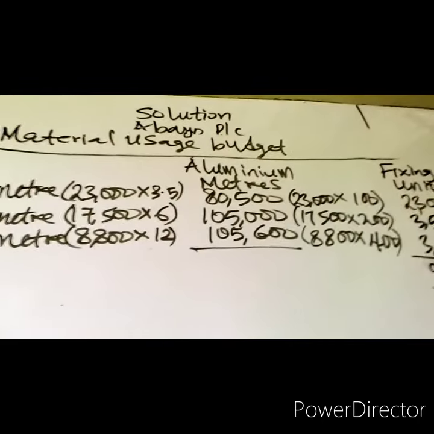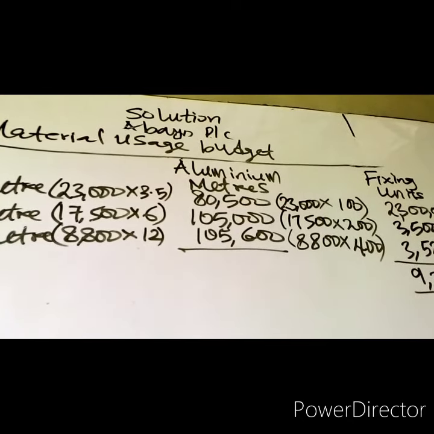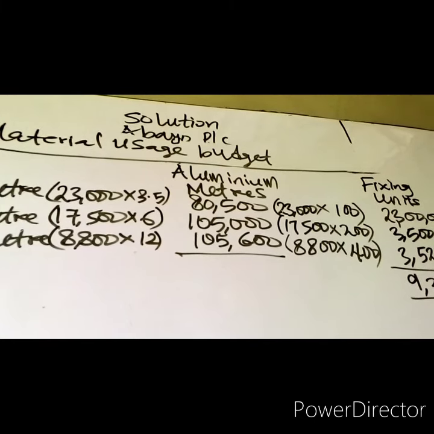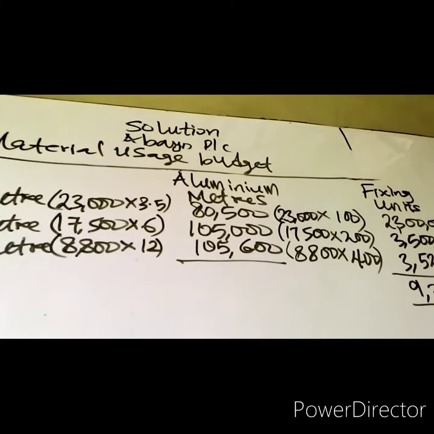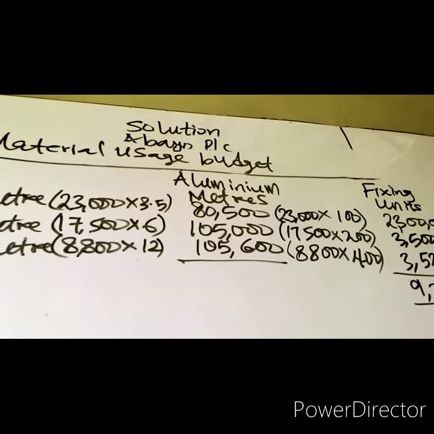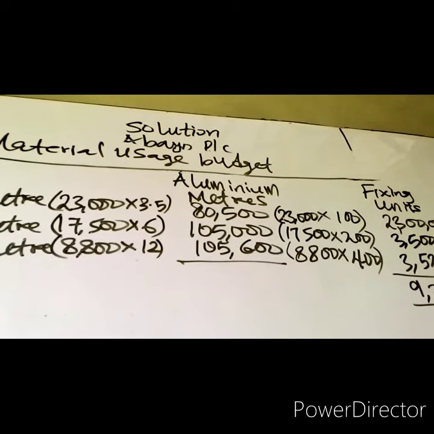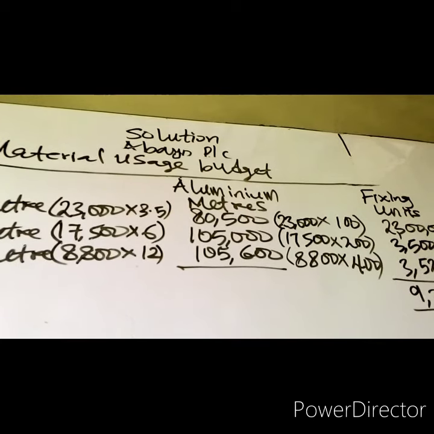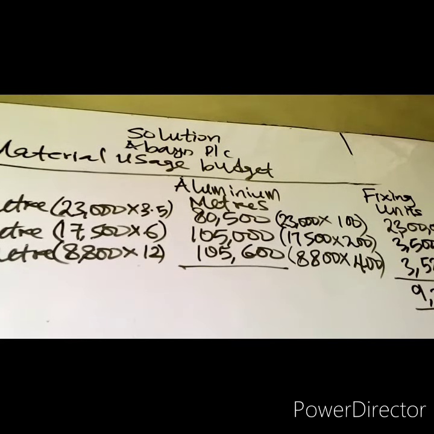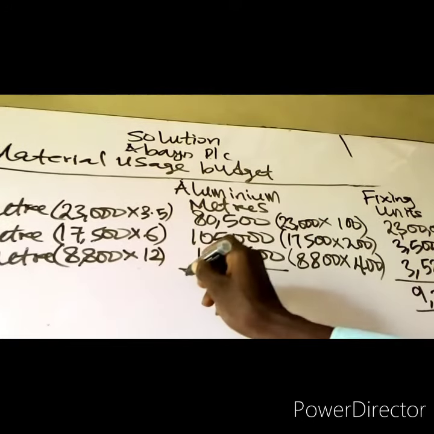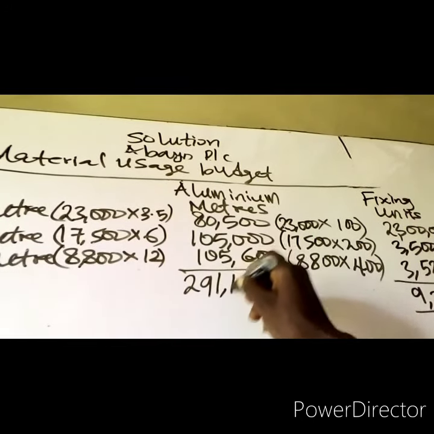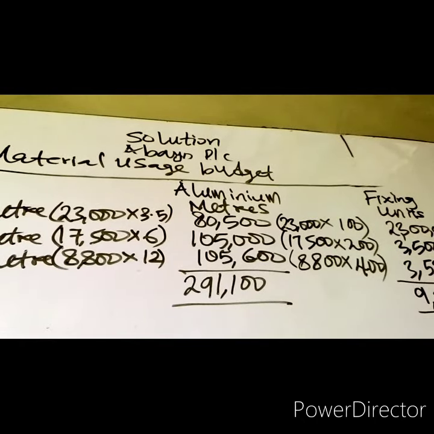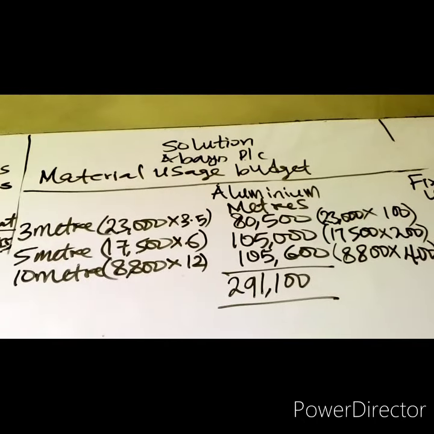That of aluminum, you have 80,500 plus 105,000 plus 105,600. That of aluminum is 291,100. That is for aluminum.